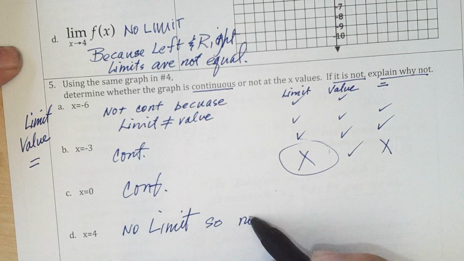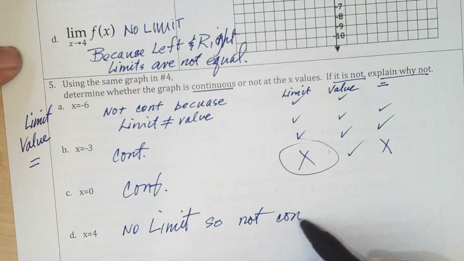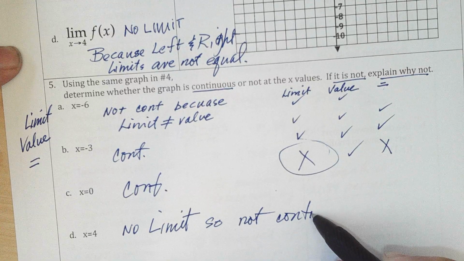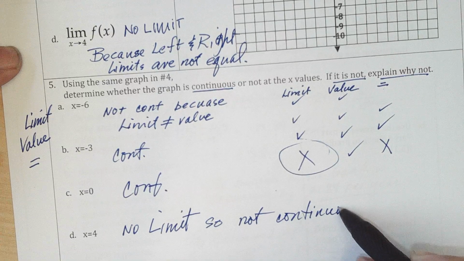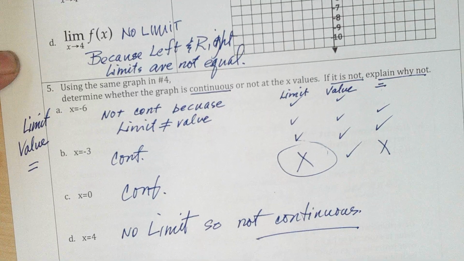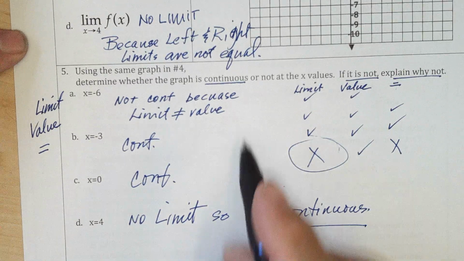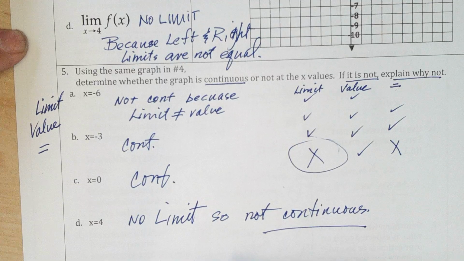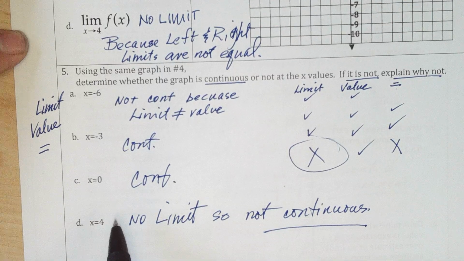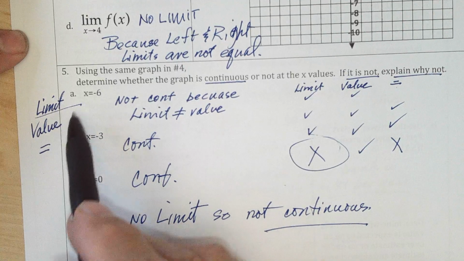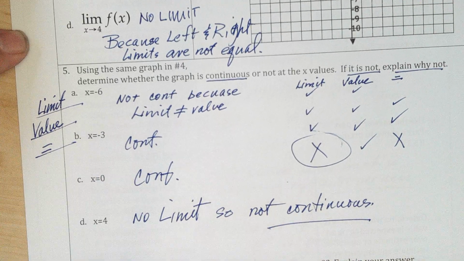So not continuous. Okay, now a lot of you talked about holes and values or something. I want you to use the math language. Talk about, is there a limit, is there a value, and are they equal?